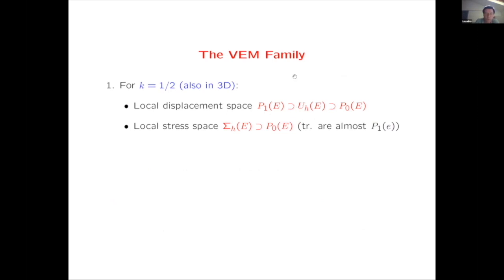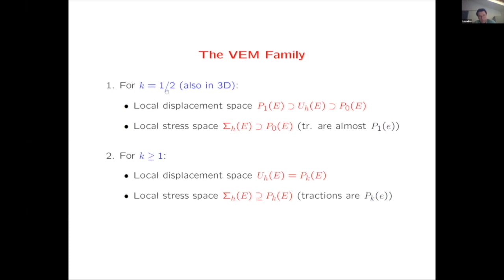I would like to tell you that actually we don't have a single element, but we have a whole family, and the whole family can be described as follows. There's a lowest order case for which we have also a three-dimensional version, and this element will be denoted with k = 1/2.